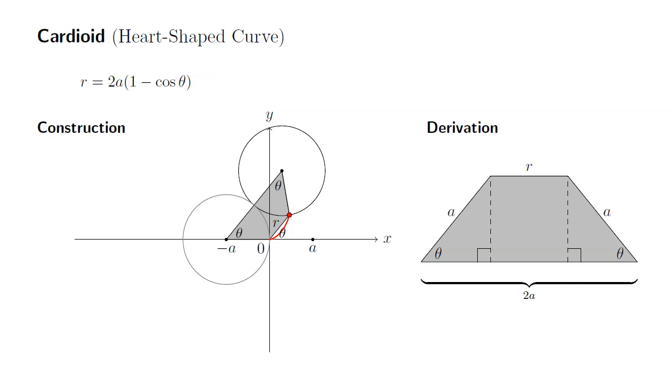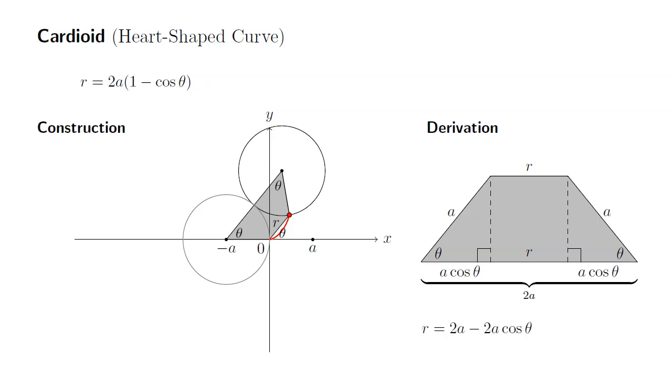We know that the top side is also r. And if you look at the right triangles on the sides, you can just do A times cosine of theta. So we have A times cosine of theta on both ends. So you can see that we can express r as: start with 2A, then subtract A cosine of theta from both sides.